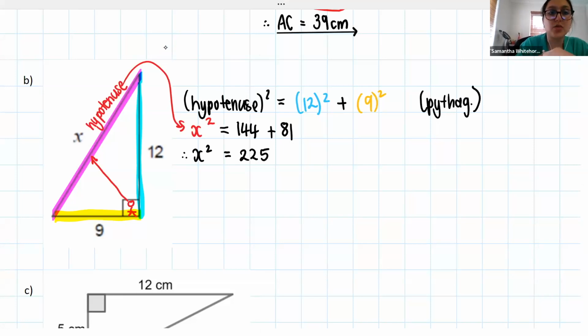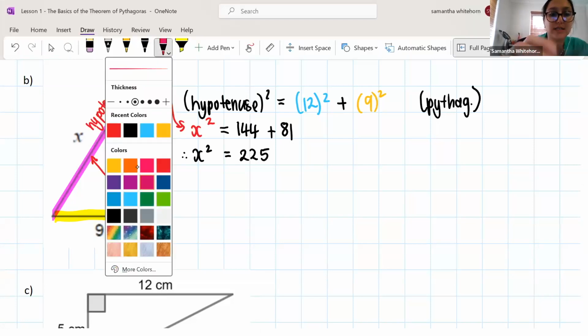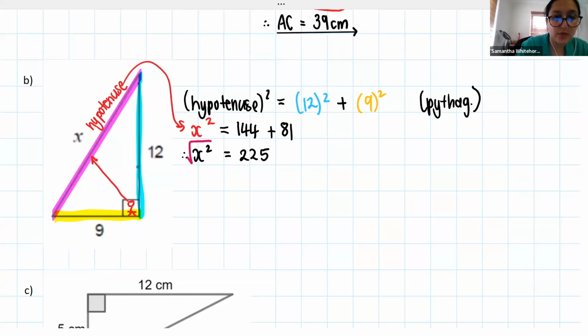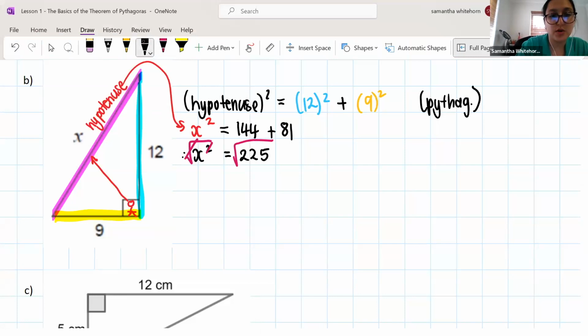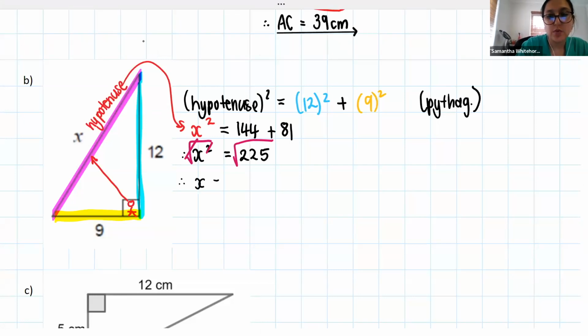Now, again, we don't want x squared, we want x. So we need to square root in order to get rid of our squared. And we want to square root the 225. Remember, it's inverse operations. What you do on one side of your equation, you have to do on the other side as well. The square root of 225 is 15.